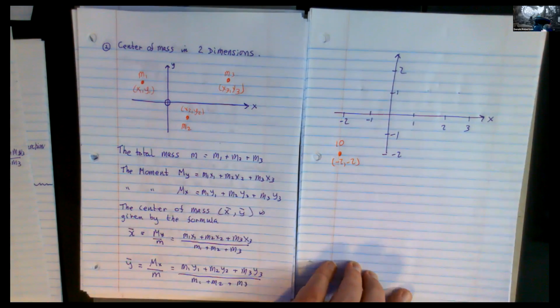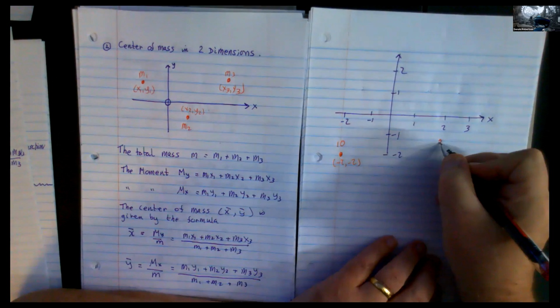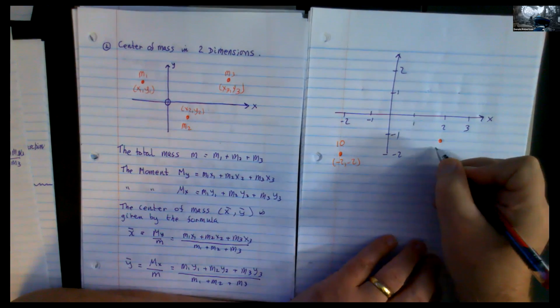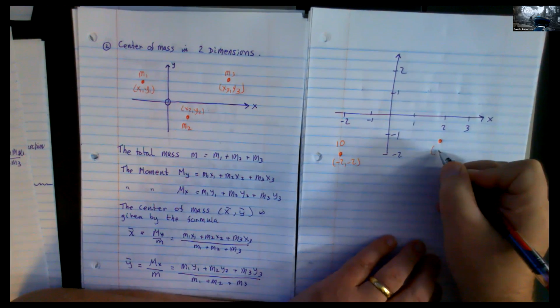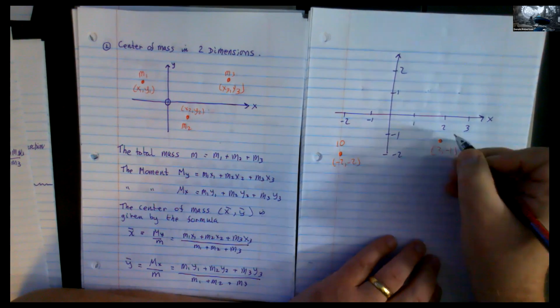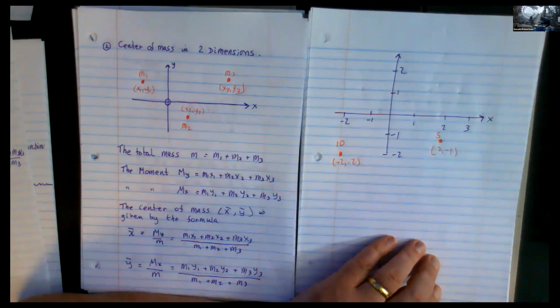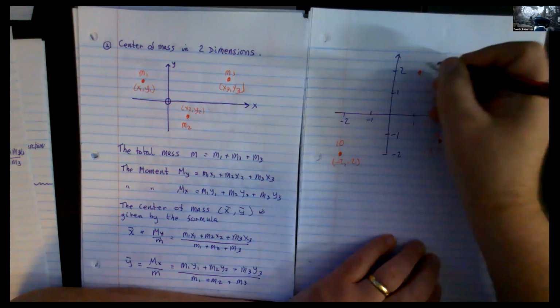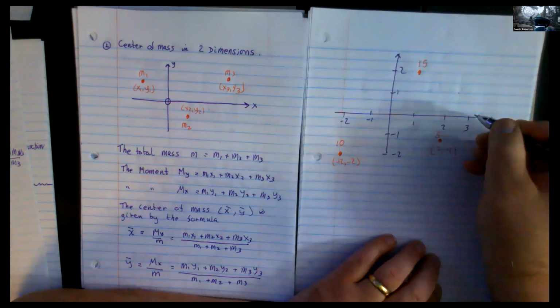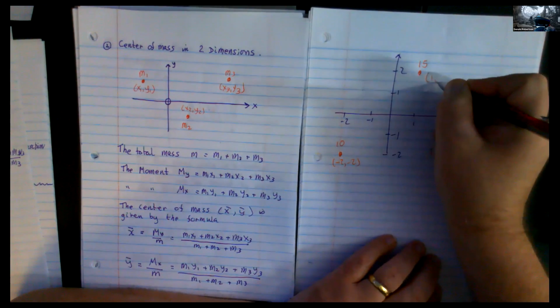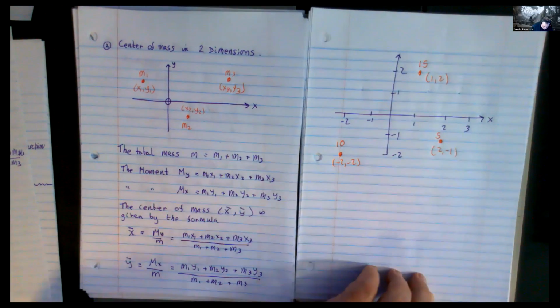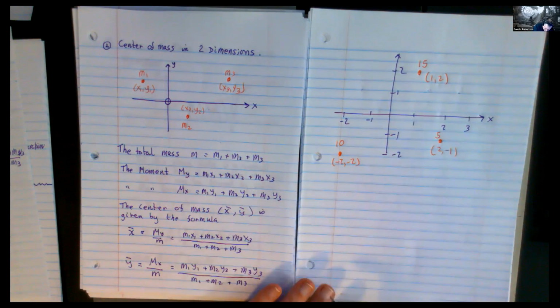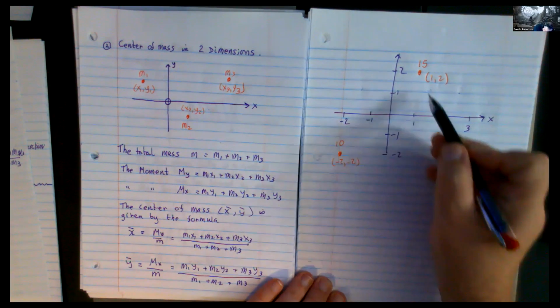And then I'll have one over here, and its coordinates are going to be 2, -1, and it can weigh 5 pounds. And then we can have one up here, and it's going to be 15 pounds, at position 1, 2. So we are going to find the center of mass of this system.